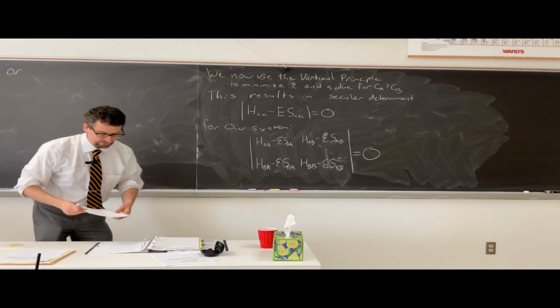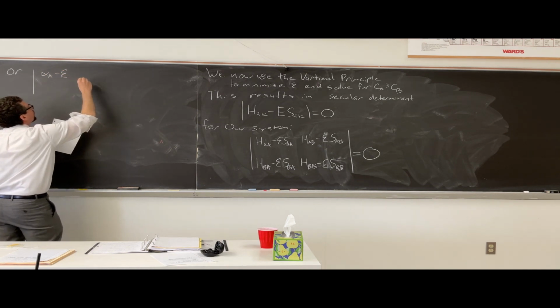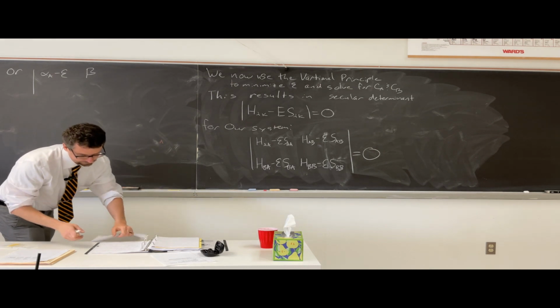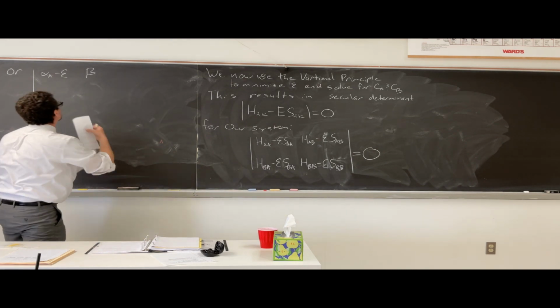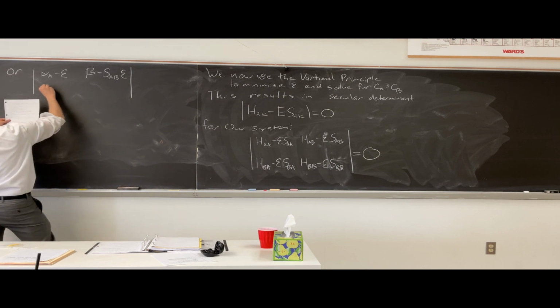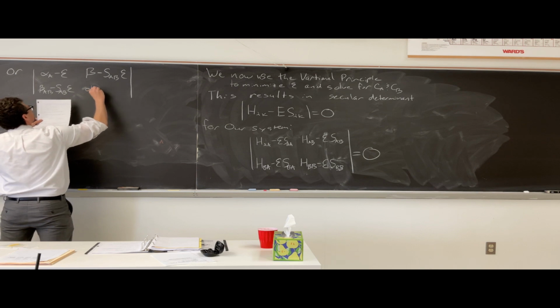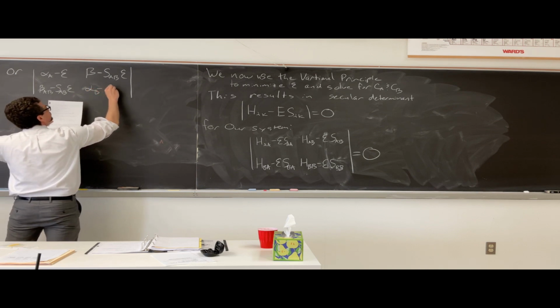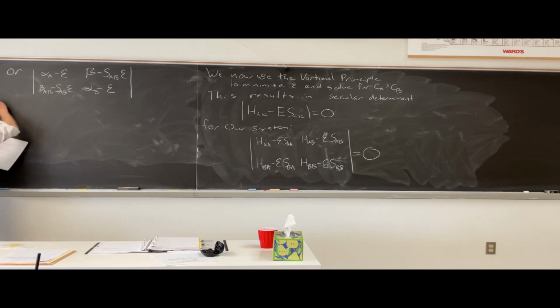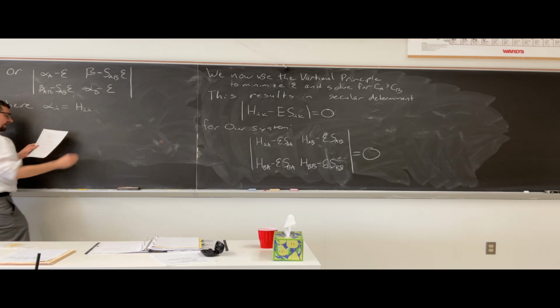Or another way to represent this is like this, where this alpha of I is just equal to our Hamiltonian HII.